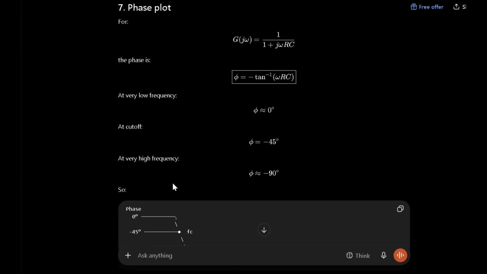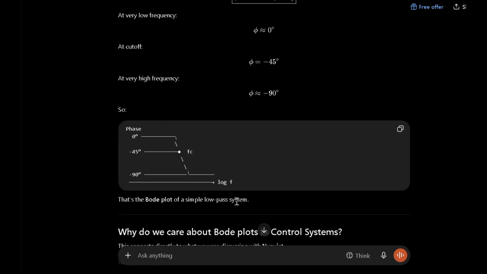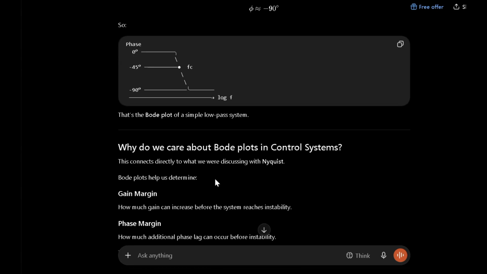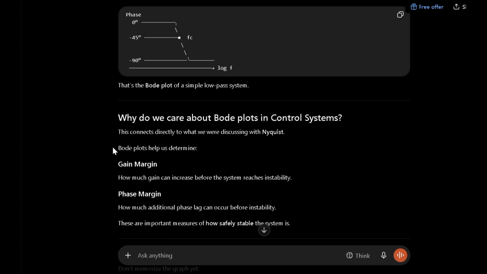Why do we care about Bode plots in control systems? This connects directly to what we were discussing earlier. Bode plots help us determine gain margin, how much gain can increase before the system reaches instability, and phase margin, how much additional phase lag can occur before instability. These are important measures.